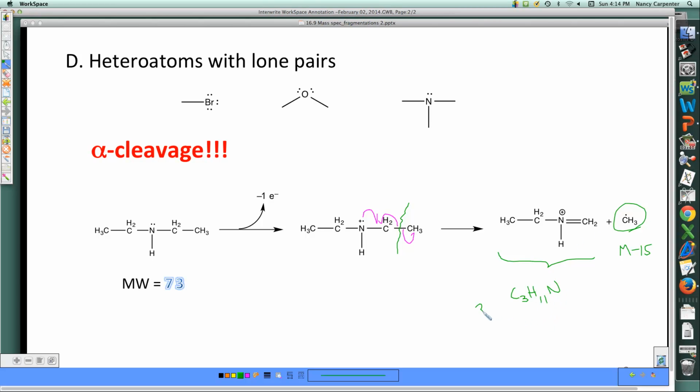Whatever that adds up to, 36 plus 11 plus 14 should give me 61. So, if I suspect my compound is diethylamine, 1, I'd have an odd molecular ion at 73, and 2, I'd have a substantial peak, probably my base peak, at 61, which is equivalent to M-15, meaning I cleaved off a methyl radical.